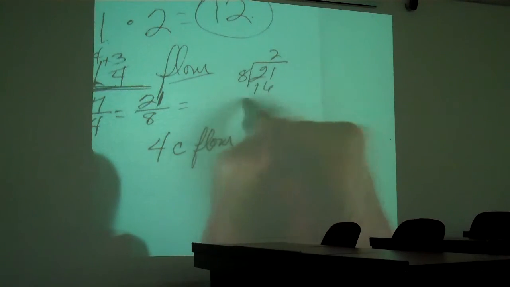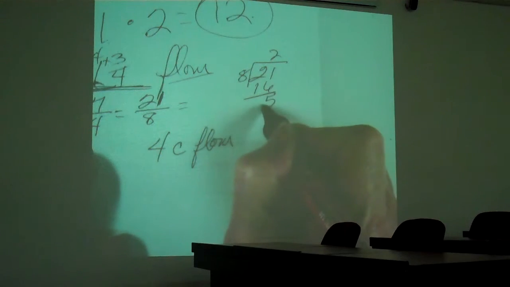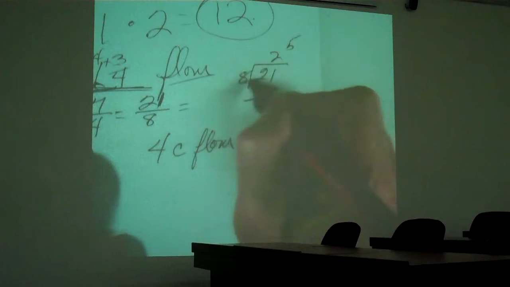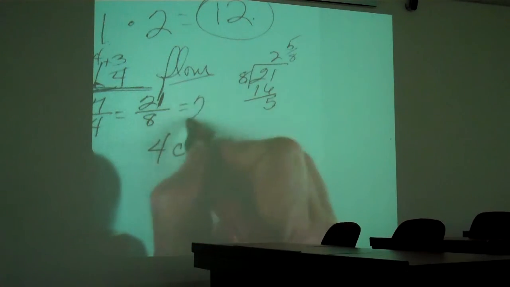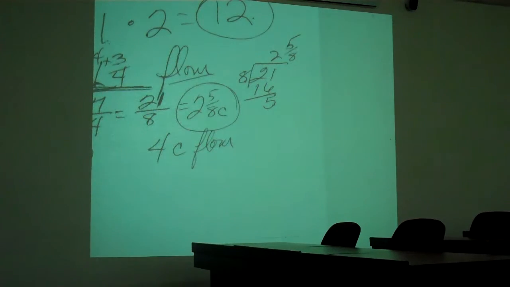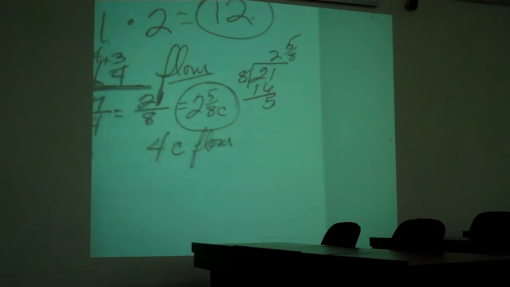There's 2, which is 16, and there's 5 left over, so 5 eighths. 5 goes on top, 8 goes on bottom. And that's your actual how much flour you need. So you do 1 1/2 times the flour.